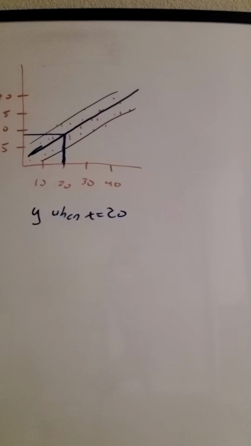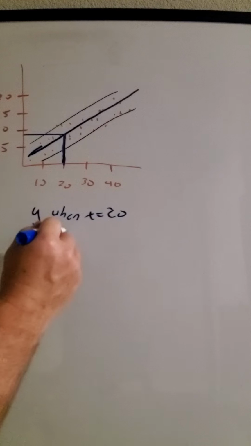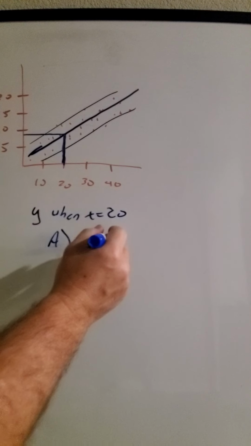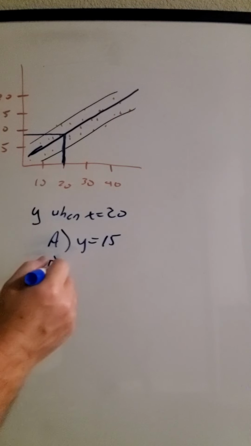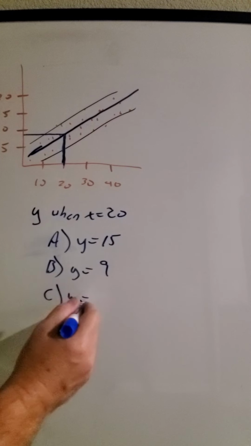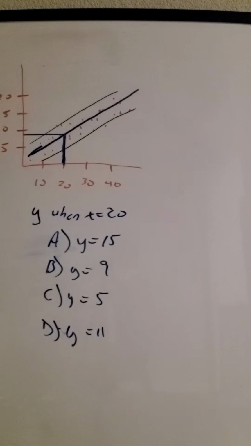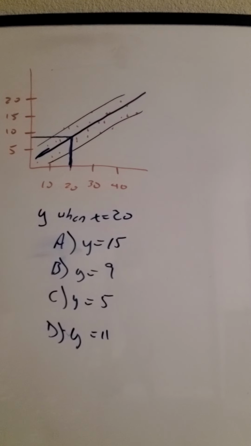And I'll tell you what, this is going to be a multiple choice question. They're going to say A, y equals 15, B, y equals 9, C, y equals 5, or D, y equals 11.